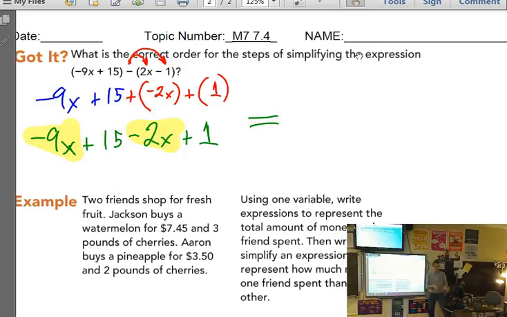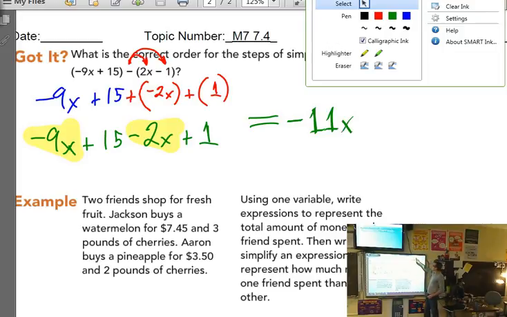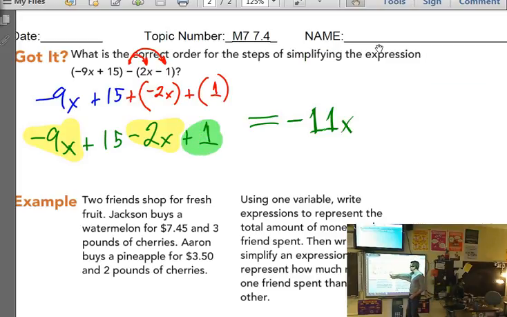If I have a negative 9 and a negative 2, when those come together, I have negative 11. So I have negative 11x. Then I join my constant values, a positive 15 and a positive 1. Because, guys, the sign in front of the term goes with it. It's part of it. So both of those are positive. I just get 16.